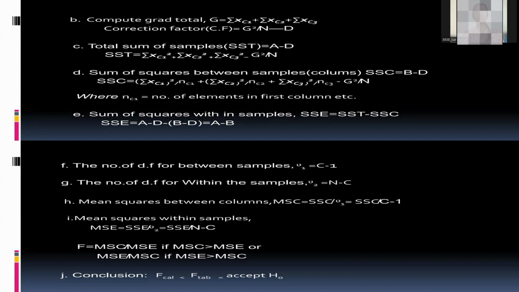Mean squares between the columns is MSC, that is SSC divided by C minus 1.